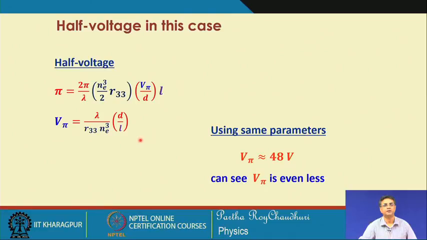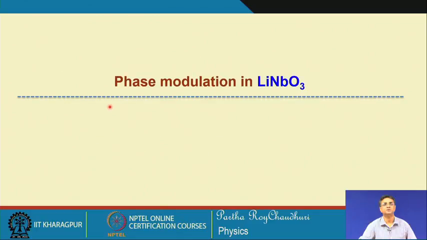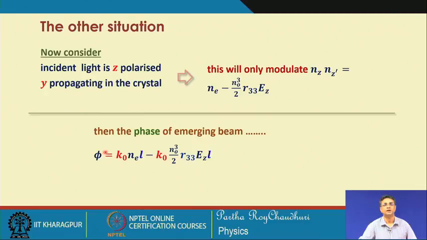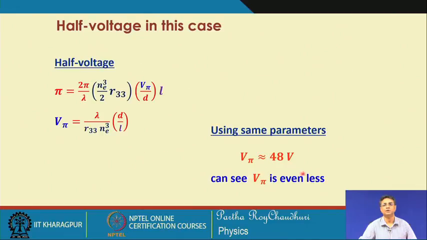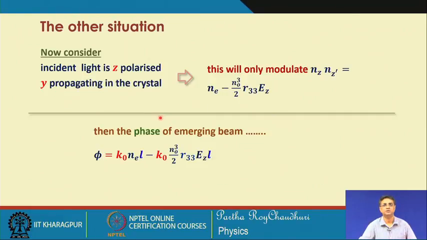So, V pi comes down to this expression, and if I use the earlier numbers for this case, then you can show that the half wave voltage required is even less, that is V pi is about 48 volt, which is very useful for utilizing this as a phase modulator.